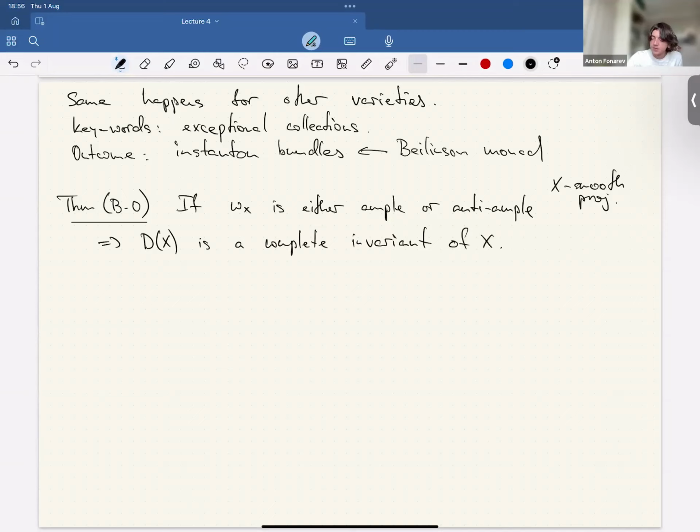Meaning that if one of two varieties is of such form and you have an equivalence of derived categories, which should preserve some structure, then the two varieties are isomorphic.